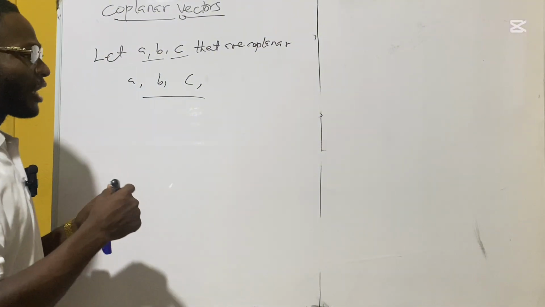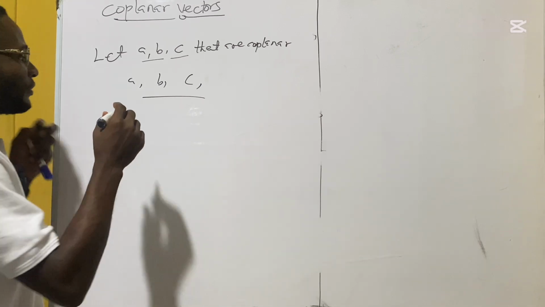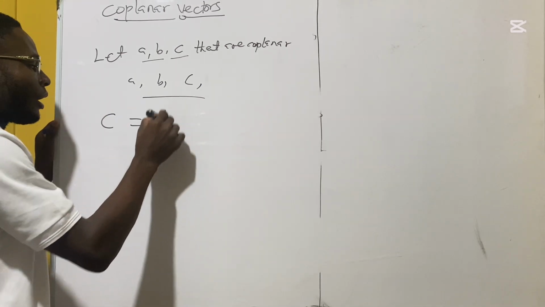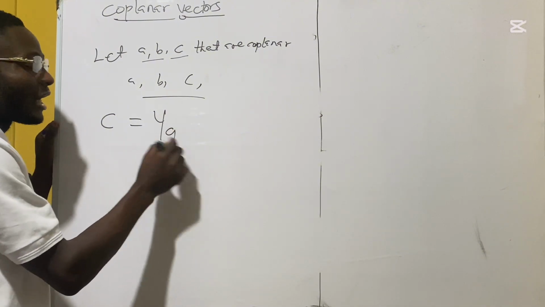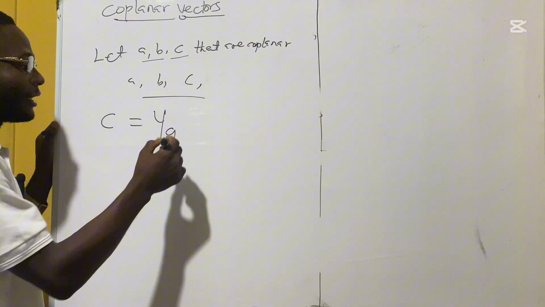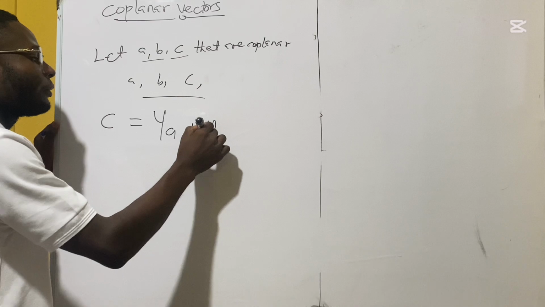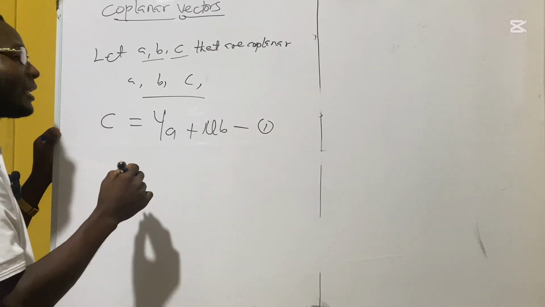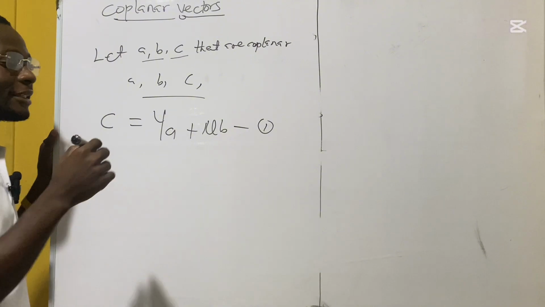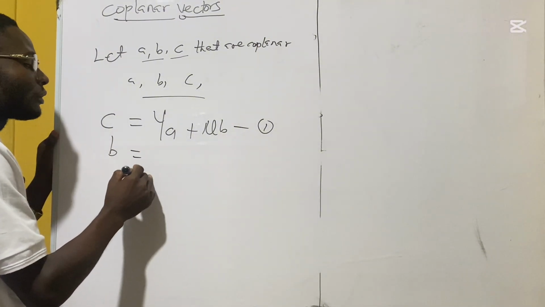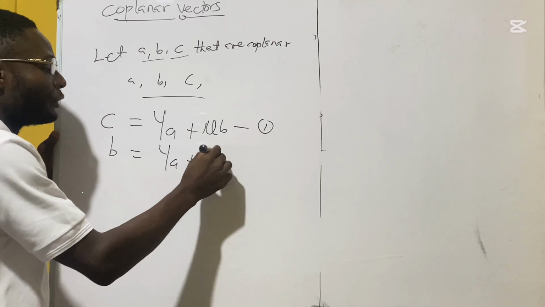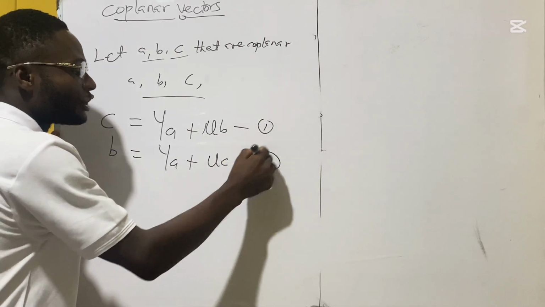Okay, so that is, we can talk of C giving us gamma A, whichever way you call it, plus mu B. Let's consider this as equation 1. Then we can also say that B equals gamma A plus mu C, equation 2.